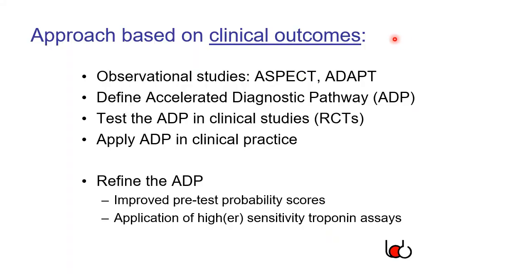The approach has been based on clinical outcomes, and in summary has included some observational studies, including ASPECT and ADAPT, which I'll say a little about, to define the accelerated pathways, which have then been tested in randomized controlled trials, applied in practice, and refined further through the application of improved pre-test probability scores, and also including the application of higher sensitivity troponin assays.